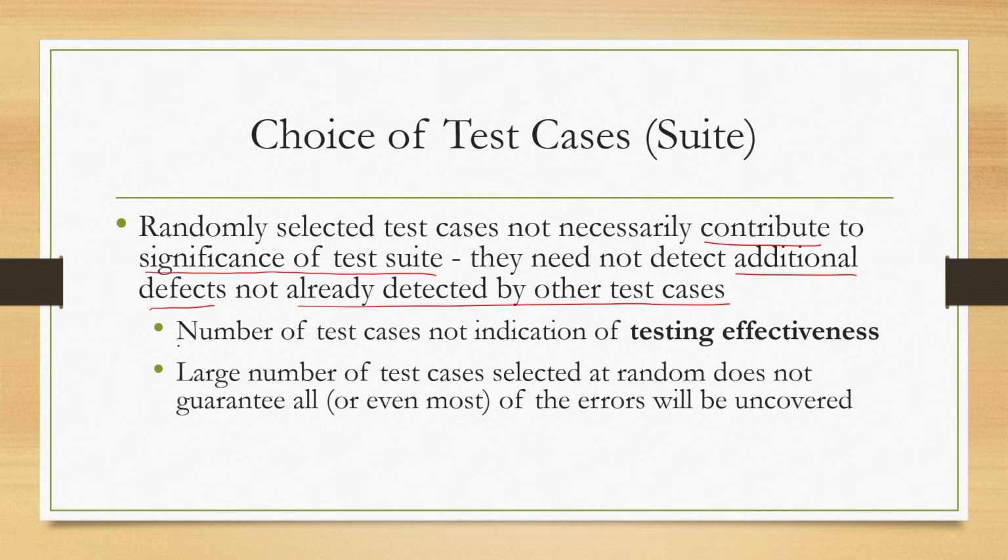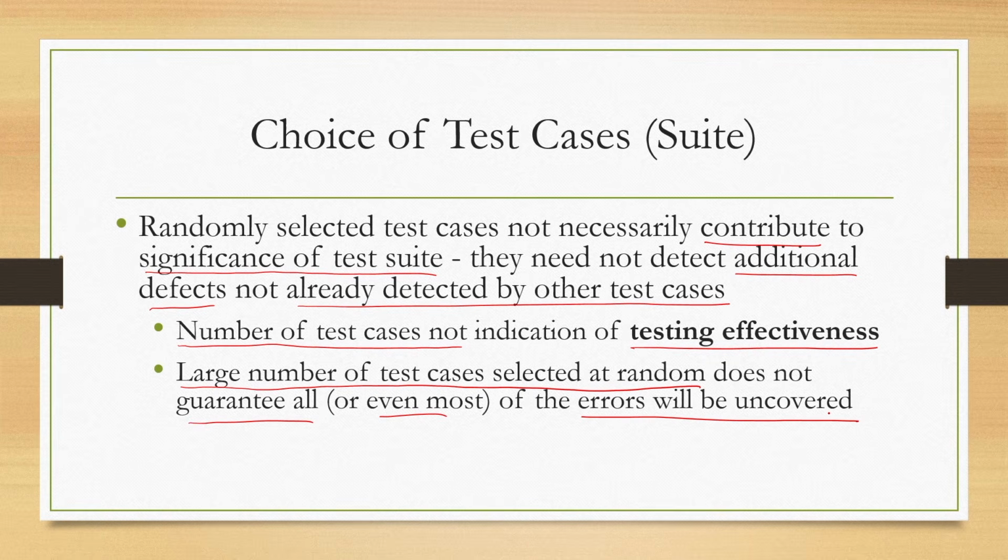So, the total number of test cases in a suite does not necessarily indicate the testing effectiveness, where effectiveness is defined in terms of identification of major or important defects in the system. A large number of test cases selected at random does not guarantee that all or even most of the errors will be uncovered.